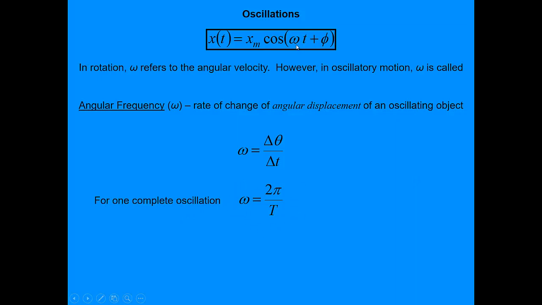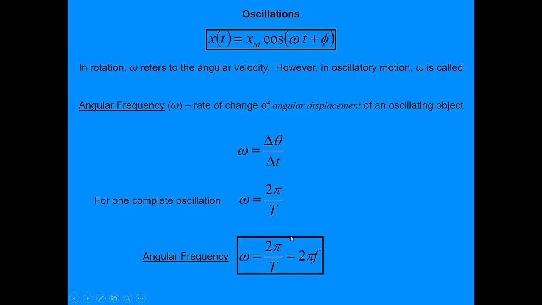So this is a nice thing to remember, how to convert. You can find omega in terms of the period. Or remember, since period is inversely proportional to the frequency, we can also write the angular frequency as 2 pi times the linear frequency. F is linear frequency or just frequency, T is period, omega is angular frequency.